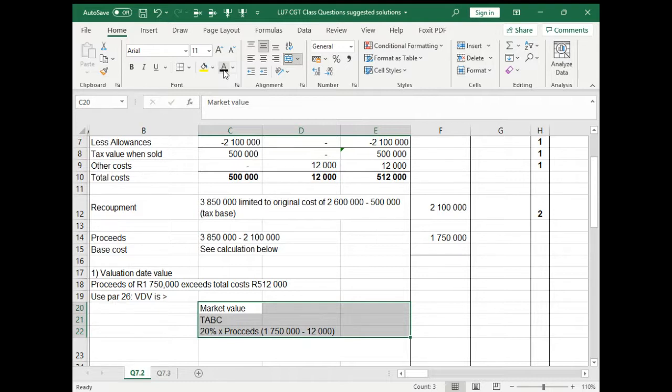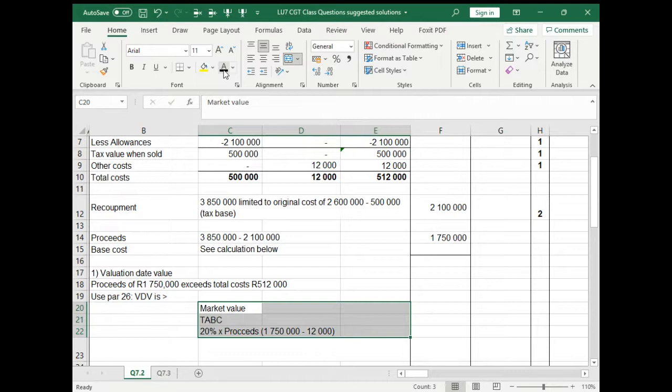Okay, so the 1.75, that proceeds is the one after you've reduced it with any recoupments. Okay, so our proceeds is 1.75 million, but we deduct any costs that fall into the post-October 2001 line items. So in this scenario, it's 12,000 Rand.